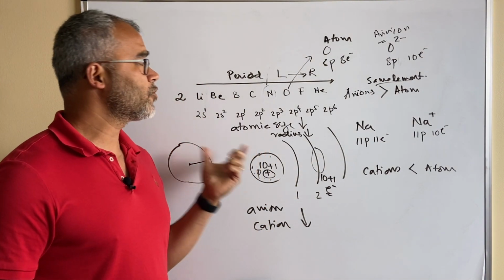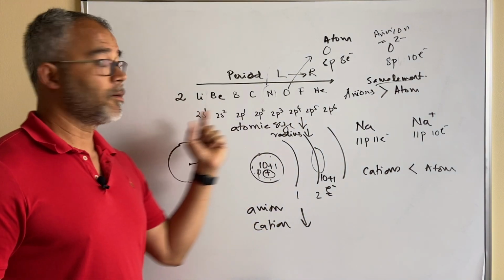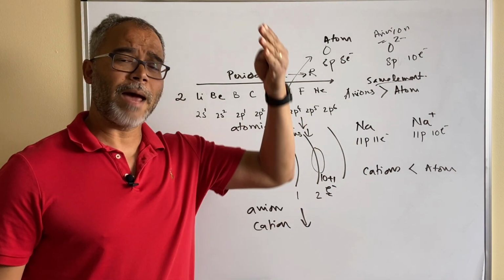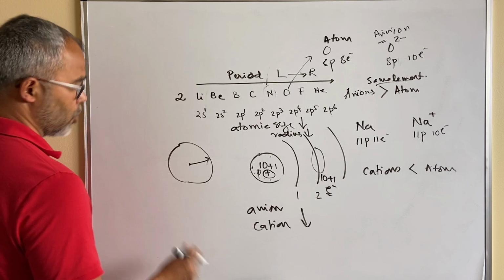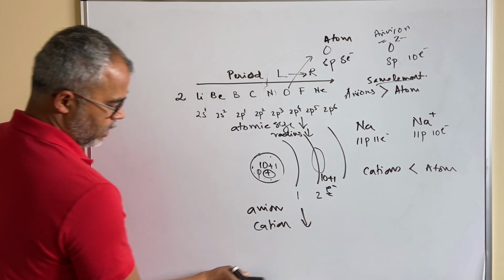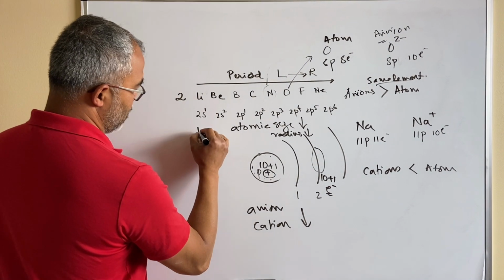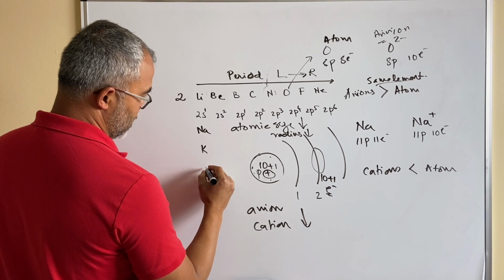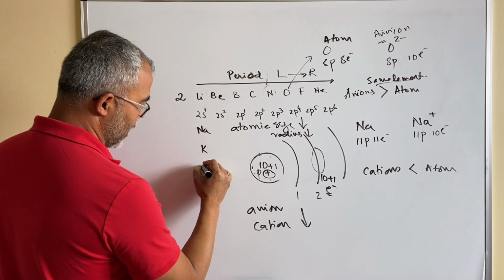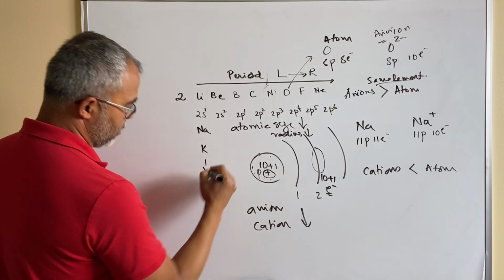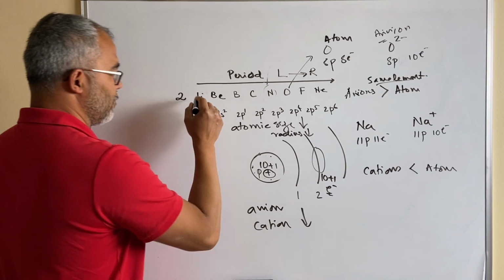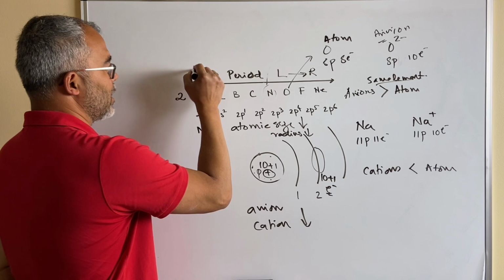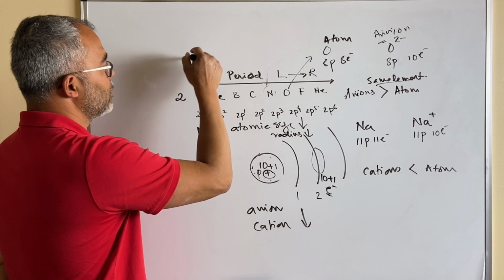Now that we understand the trends as you go across a period, let's look at what happens when you go down a group. If I go down this group, below lithium I have sodium, below sodium I have potassium, and I can keep going down. Above lithium I have hydrogen.